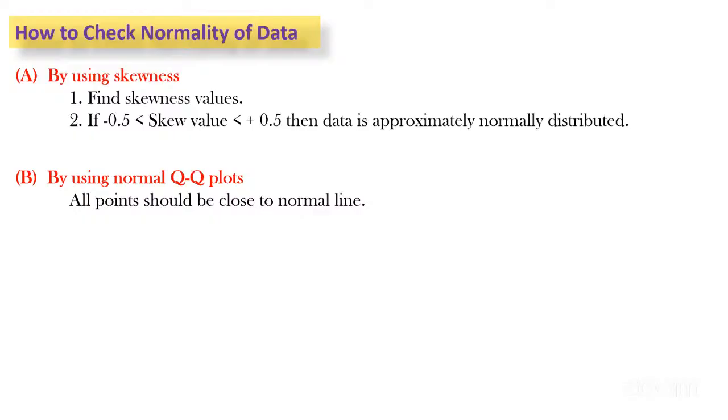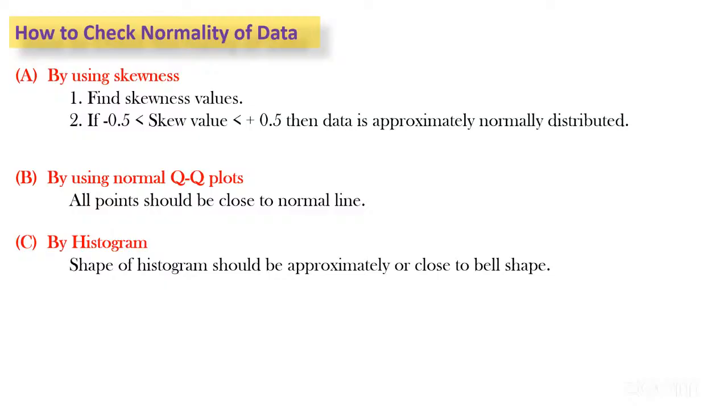So hence, in Excel, we prefer skewness or the further thing. QQ plot is preferred in SPSS and other software. Histogram, yes, this is also preferred in Excel. When our histogram looks like a bell shape, approximately at least like a bell shape, we can say that it is normal.